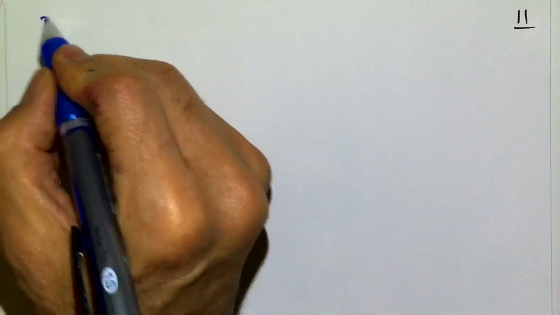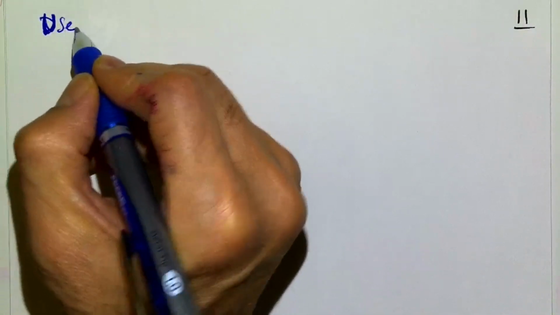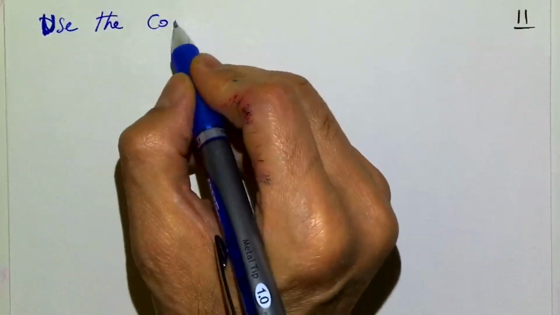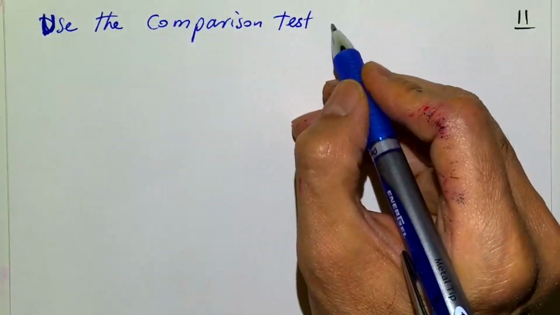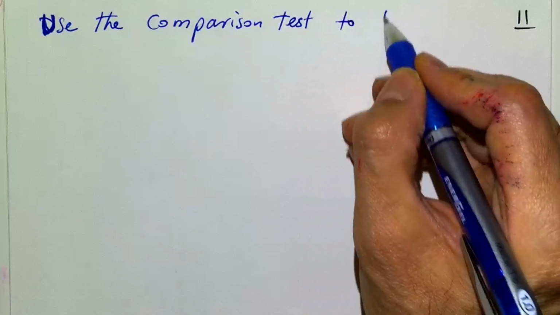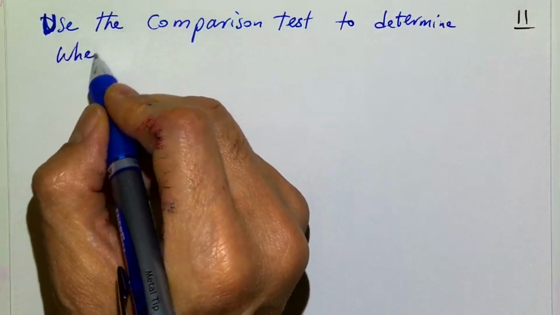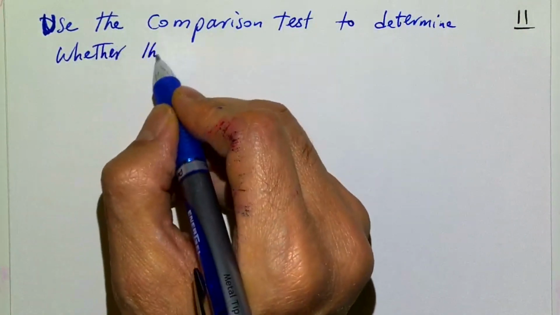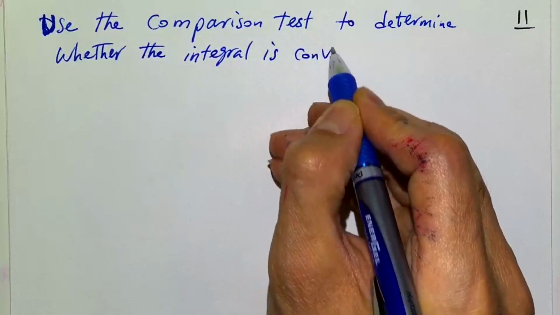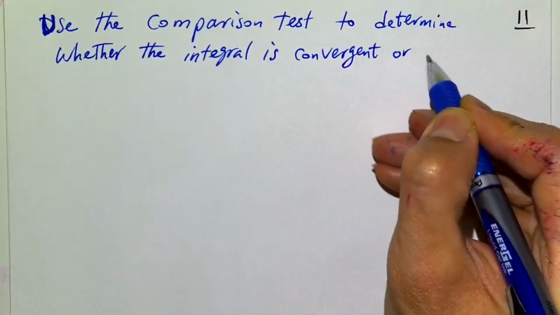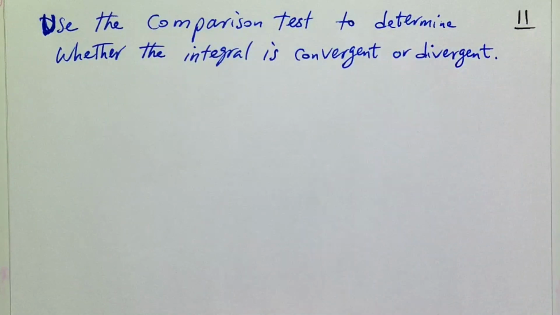So in this example, we want to use the comparison test or theorem to determine whether the integral is convergent or divergent.